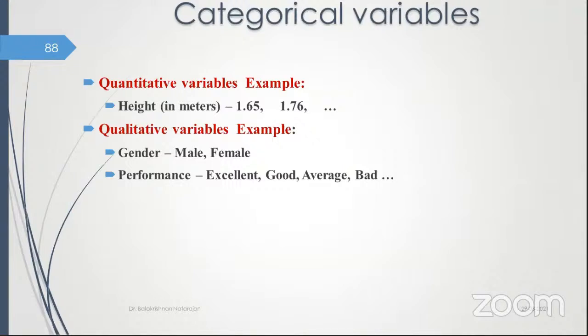Categorical: you can categorize the variables. This is the next concept we are going to cover in R. Normally we categorize based on heights, performance, or gender. For this we need a data structure, and such a data structure is nothing but the factor.